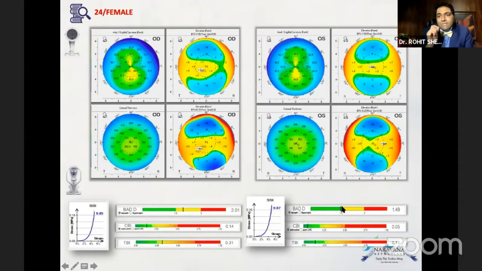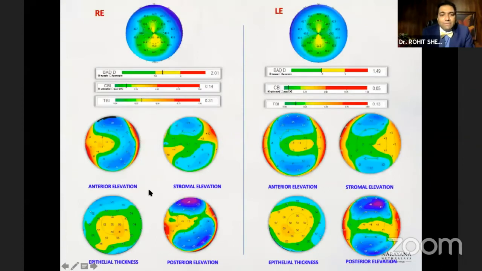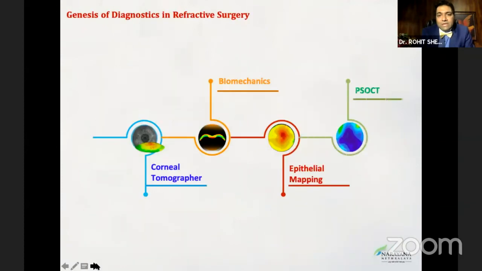Now, this is a very confusing case. And this is what makes people suddenly wonder whether we really understand what biomechanical parameters are, because this permutation and combination confuses you. Again, look at the epithelial maps. Nothing grossly abnormal in those epithelial maps. There are some central changes, but it is not like the previous one. So it doesn't look like an epithelial issue.